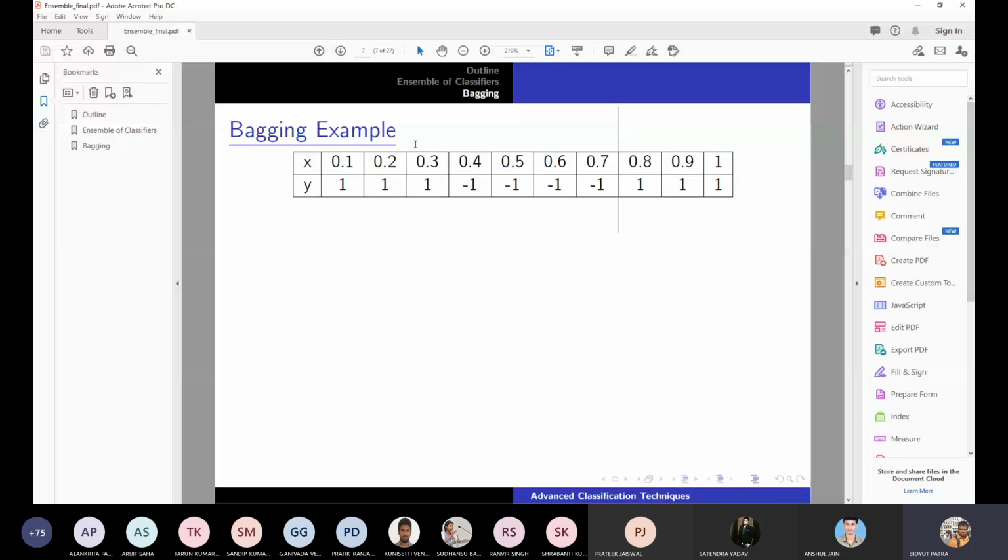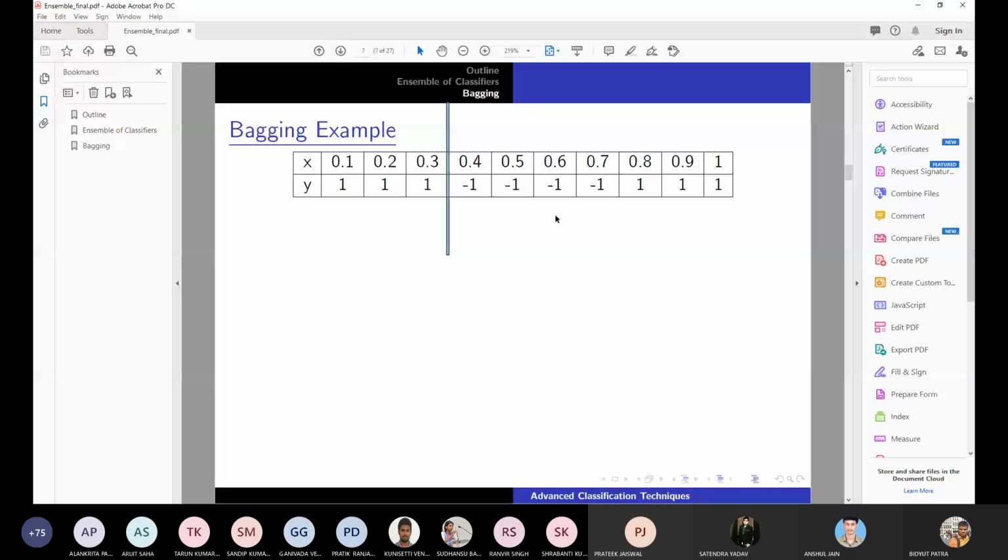Another way, I can put a line here and say above this one is negative, or maybe instead of the line here, I can put the line here, so above this one is positive. You are right with the positive, but you will make mistakes for these three samples. Therefore, you cannot find a single line which can identify the class label of all objects.